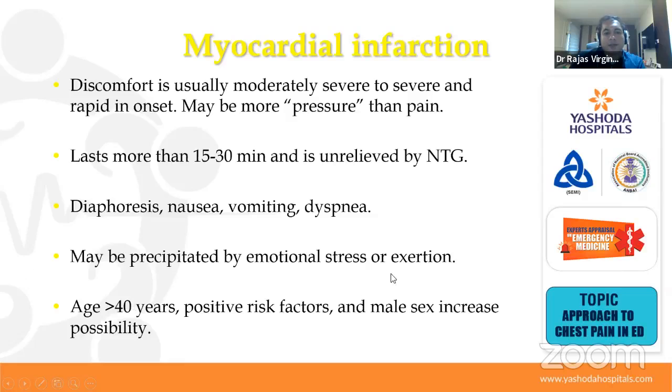It can be precipitated by emotional stress or exertion. We see younger and younger patients now, especially in India, coming with acute MIs. But generally, historically, age more than 40 years with risk factors and male sex increase the possibility.